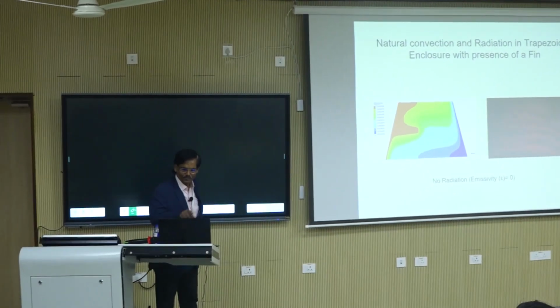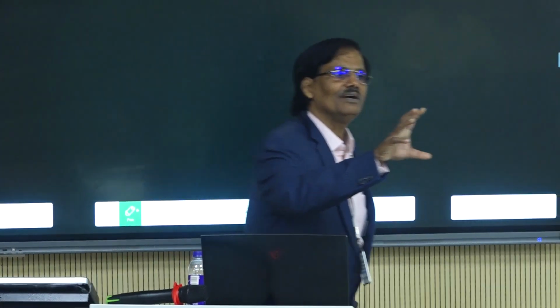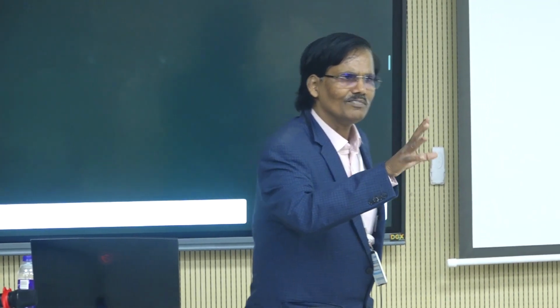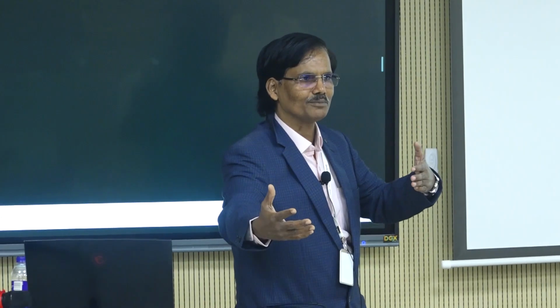And in an experiment, we conducted one with a trapezoidal enclosure with a fin, and numerically we just did natural convection and took the fringe. Because in the experimentation radiation is a part of the phenomena, it didn't match the natural convection with the interferogram which you got from the experimentation.